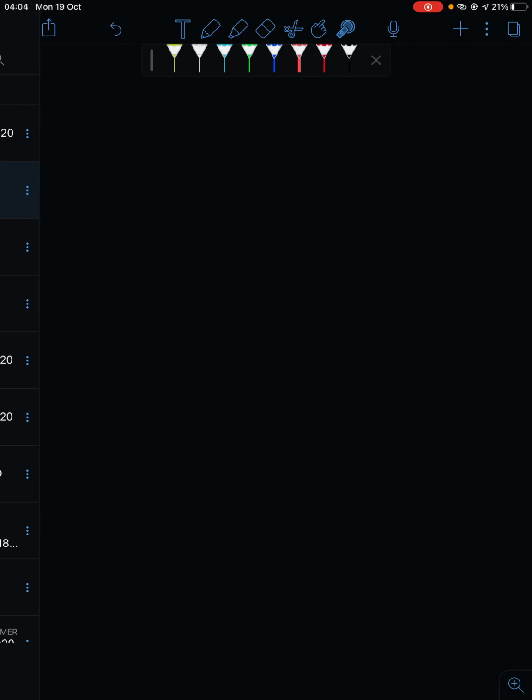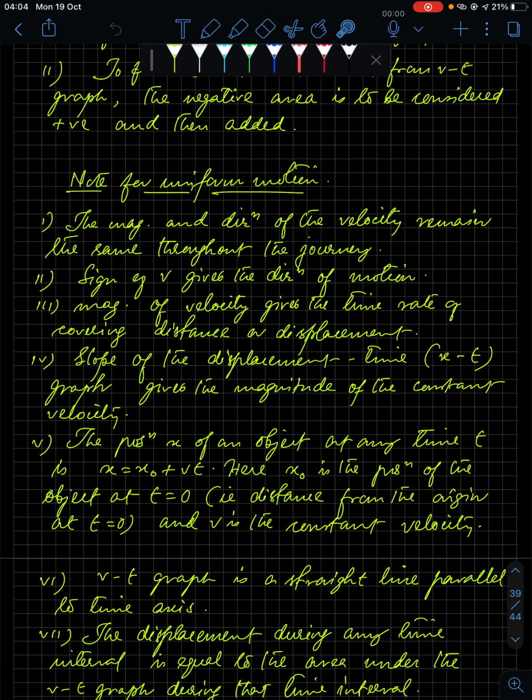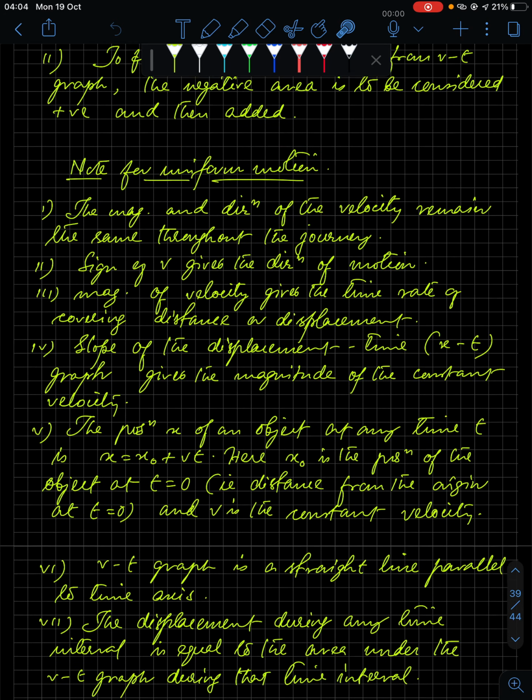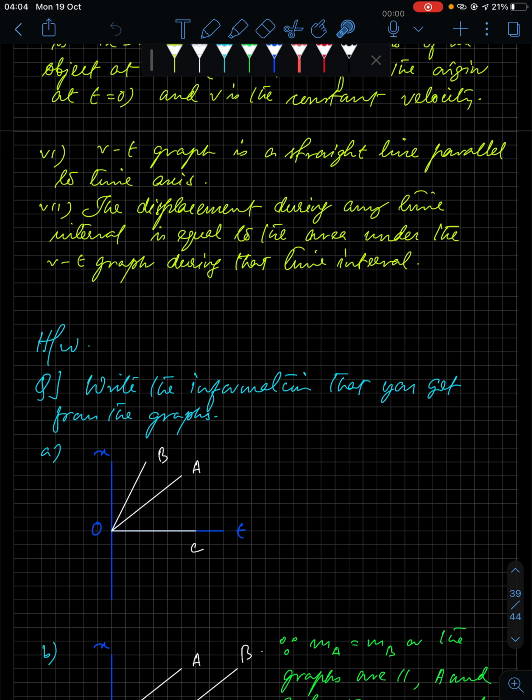After this you have some notes for uniform motion, and this should be pretty obvious after you go through the entire lecture that has been delivered so far. You can go through these points, and if you do not understand, we can interact.